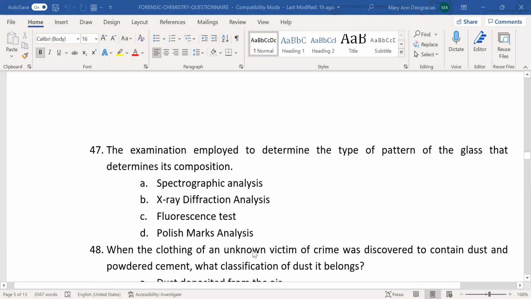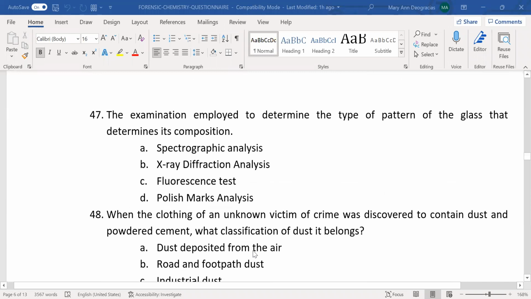47. Ayan. The examination employed to determine the type of pattern of the glass that determines its composition. A, spectrographic. B, X-ray diffraction. C, fluorescence. D, polish marks analysis. Answer?